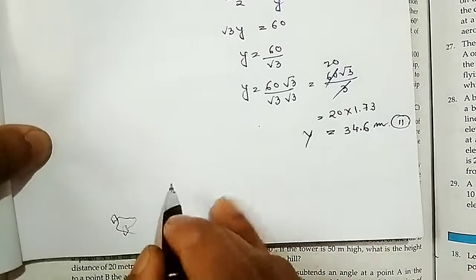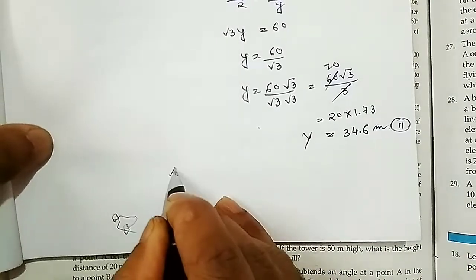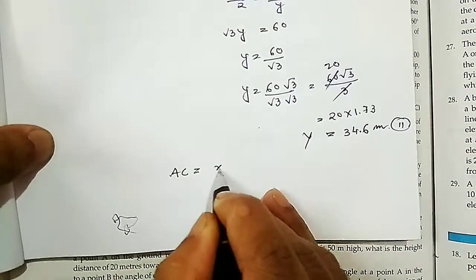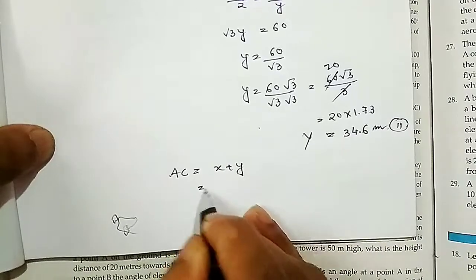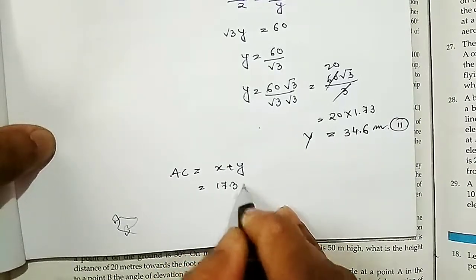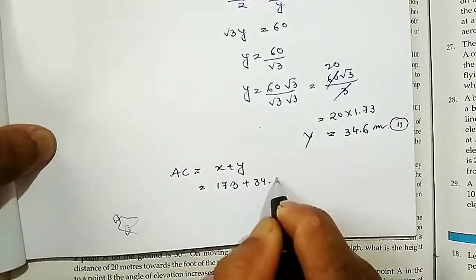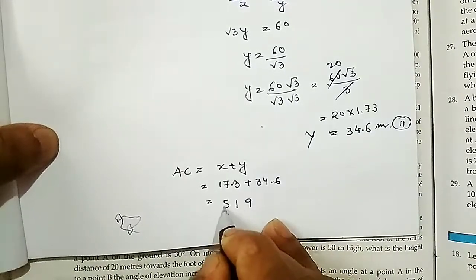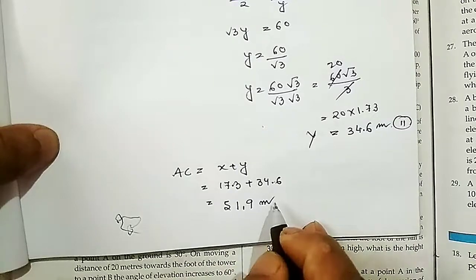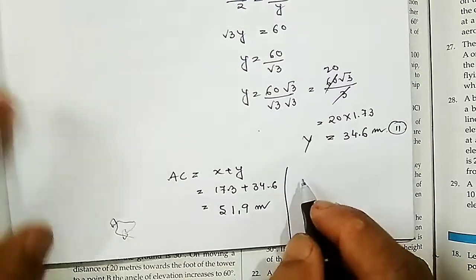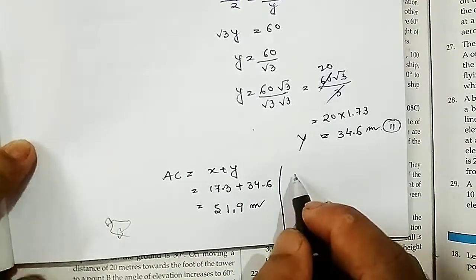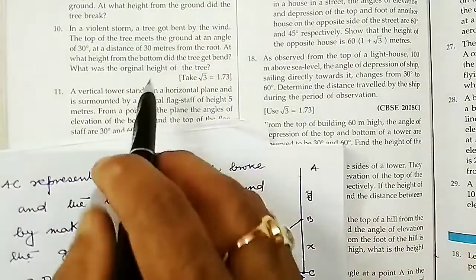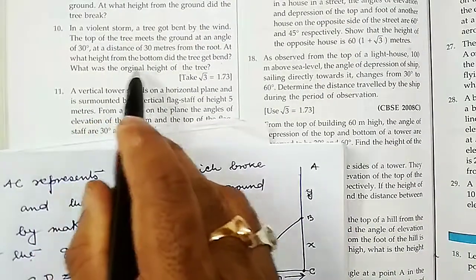Therefore, height of the tree, that is AC, equals x plus y. X we got 17.3 and here we got 34.6. If I add, I'm going to get 51.9 meters. Therefore, two things. The first part of the question asks at what height from the bottom the tree broke or bent.